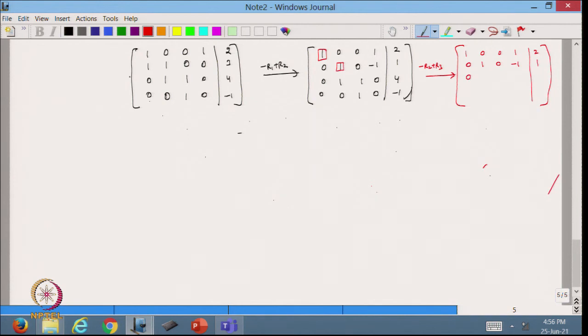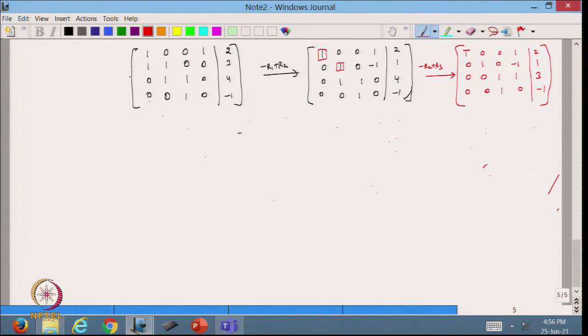Minus R2 plus R3 makes this 0, then 1, and minus minus 1 gives 1, and minus 1 plus 4 gives 3, and then this will be minus 1. So I get this value.